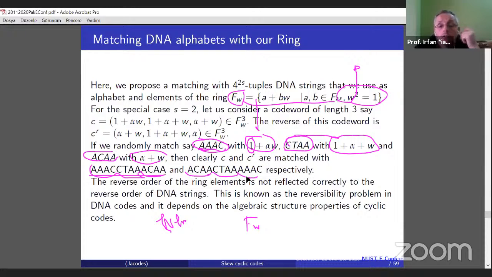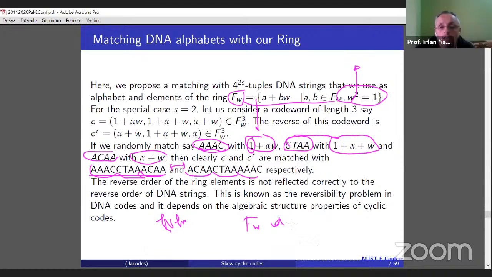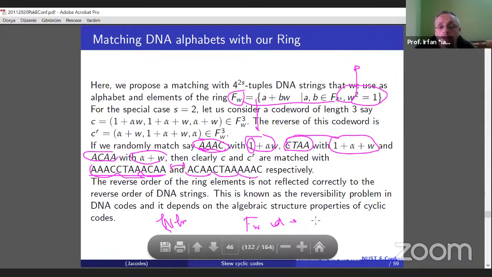Now if you write the reverse, they don't give the reverse. It's not the reverse of this one. So what I'm trying to say is, if you match the elements of this ring, let me call it A, with the elements of the DNA straightforwardly, as we have to, because we want to go back to the alphabet from the ring.